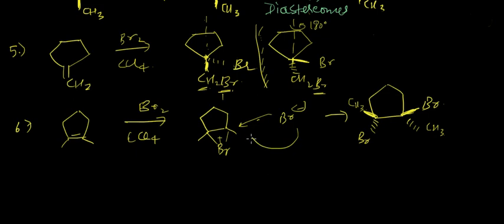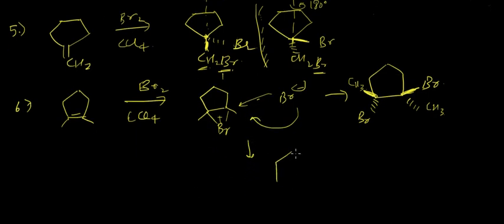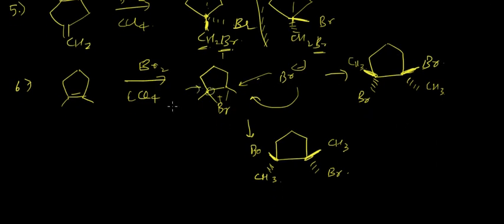And if this Br comes down the plane, then we would have something like this one and this one. Okay, and what if this Br attacks this carbon atom? Let's draw that case also. So the Br attacks this carbon atom, and let's say it is above the plane, so we would have this one.